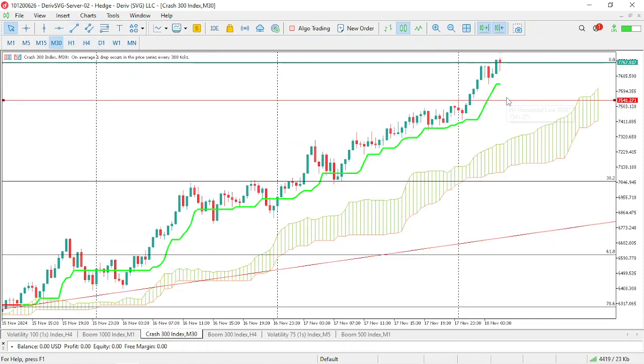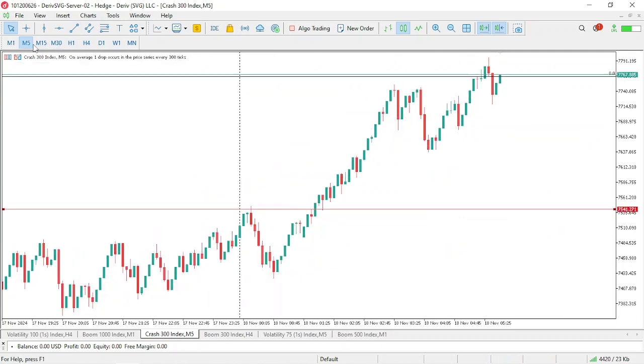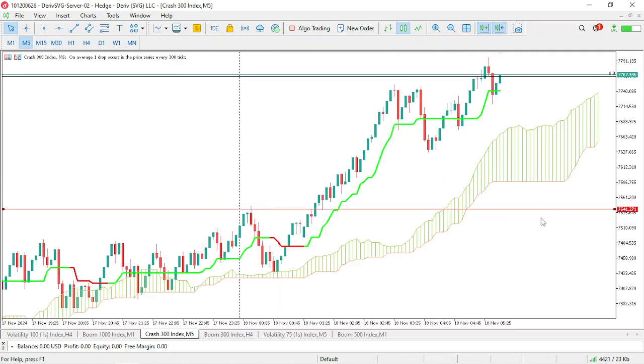So for me, this would be a good zone to get out of the trade. Let's say I'm putting in a 5 position here. By the time it gets here, you'll be in a decent profit. You can cut and then you can hold till here.